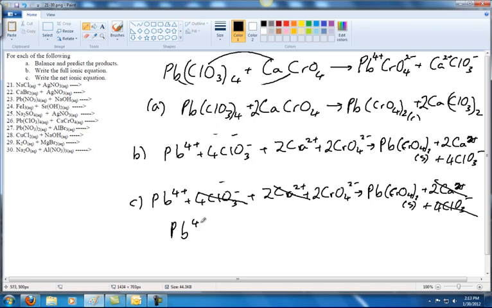So it'll be Pb4 plus, 2 CrO4 2 minus, and then that'll give us PbCrO4 2 solid. So that would be the net ionic equation right there for number 26.